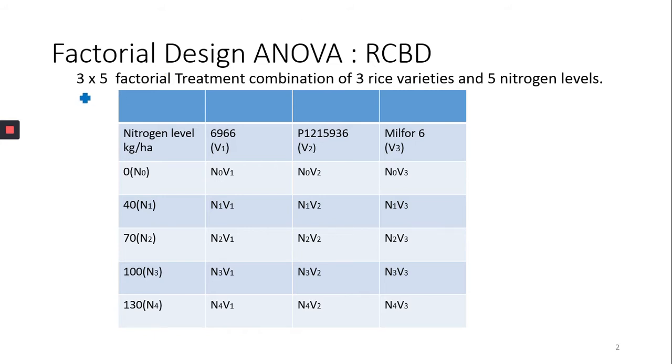Remember from the last video, I gave a number of examples of factorial treatment combinations. Today, in this particular video, I've started with an example of a 3 by 5. We are simply saying 3 levels and 5 levels of a 2-factor experiment.